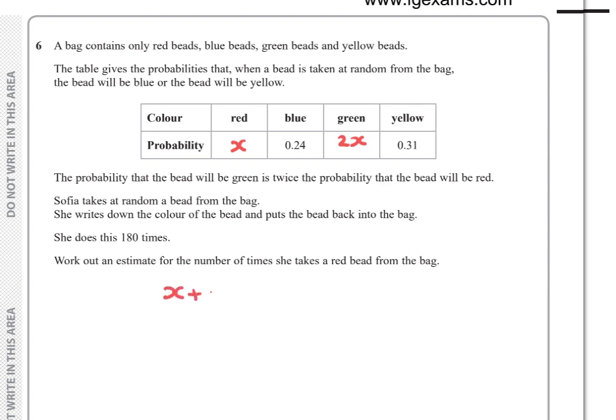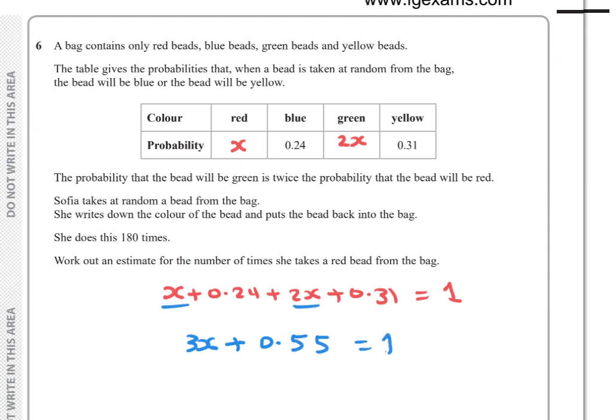So x plus 0.24 plus 2x plus 0.31 equals 1. Now solve this equation. 2x plus x equals 3x. 0.24 plus 0.31, 0.55. This equals 1.